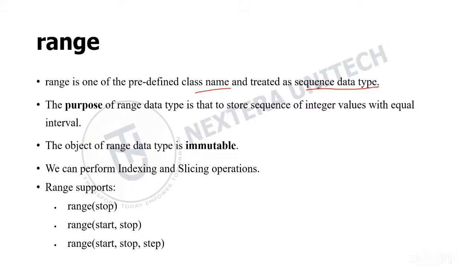Range is very important for loops, so loops like for loop and while loop use range. Range is used to generate a sequence of integer values with an equal interval, or you can give the step value and you will get the interval in that. And range is also immutable. You cannot modify it.